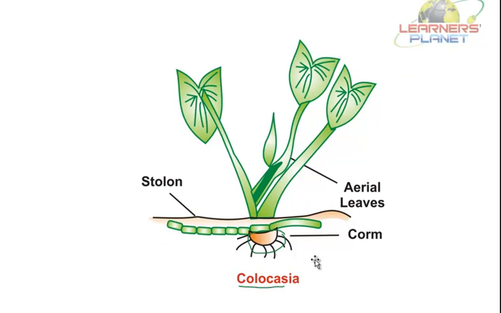So students, these plants which form tubers, corms, rhizomes and bulbs are different types of underground stem which develop asexually, right? So these are natural methods of vegetative reproduction.